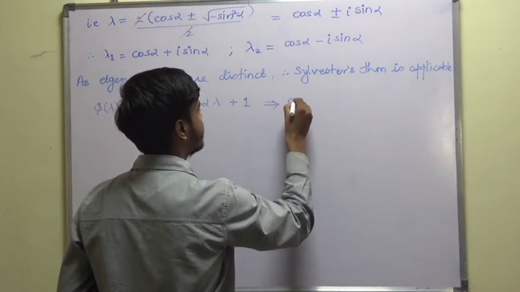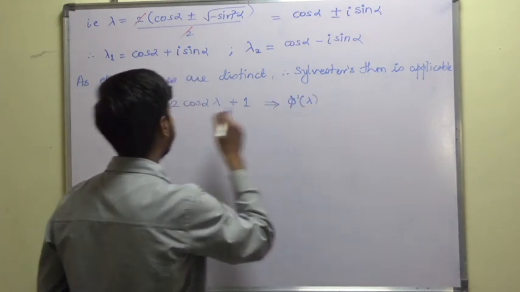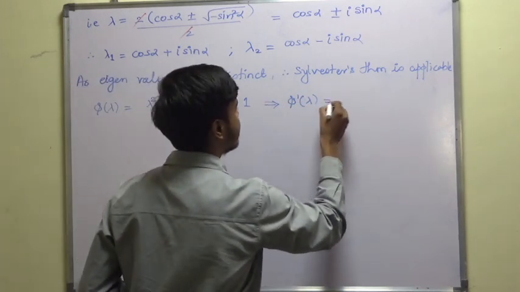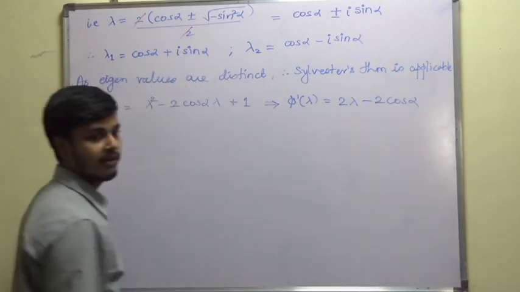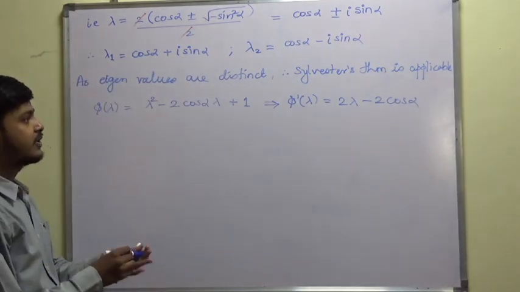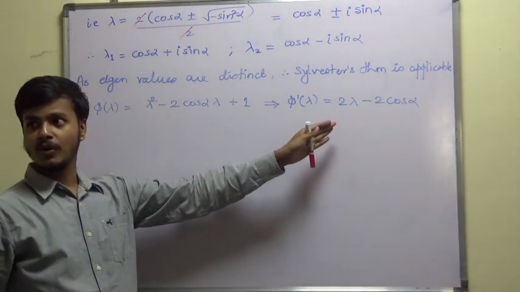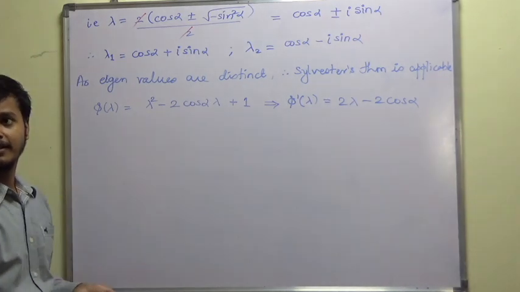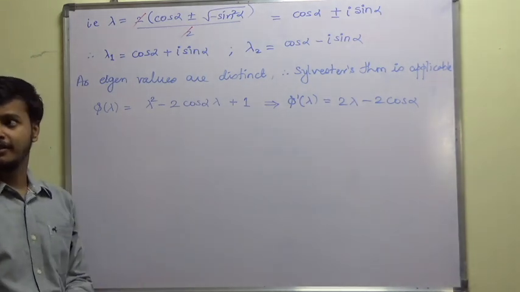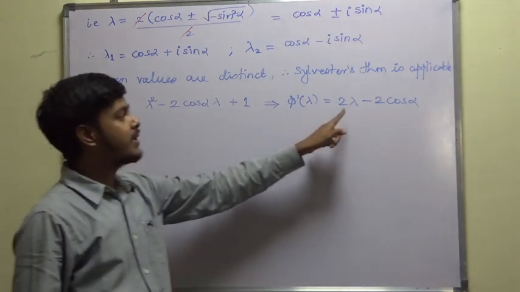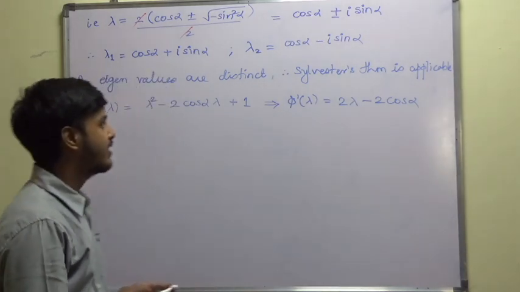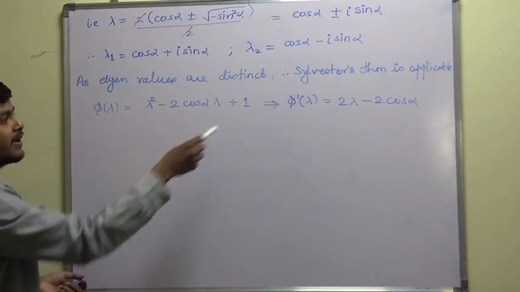What is phi dash of lambda? The derivative of this with respect to lambda is 2 lambda minus 2 cos alpha. So this is phi of lambda and phi dash of lambda.